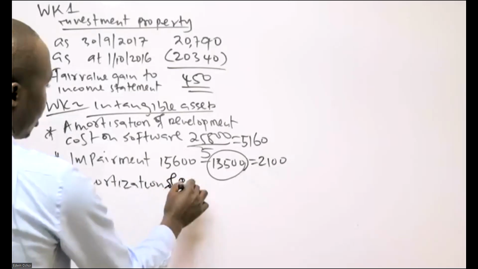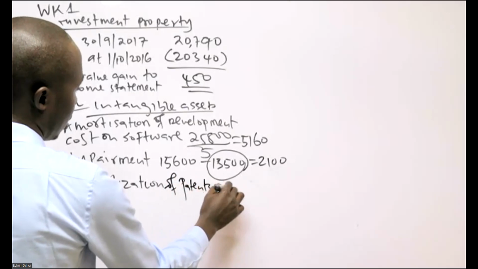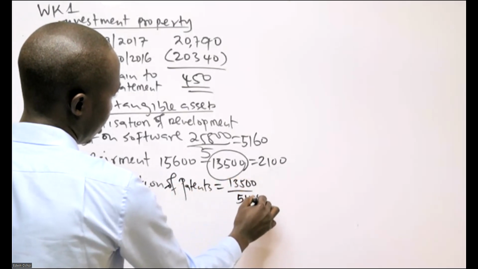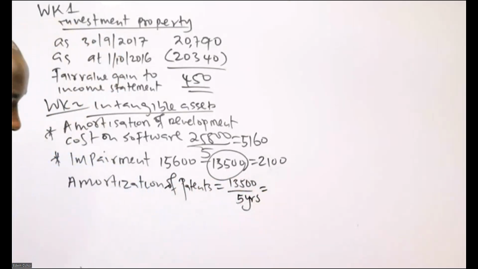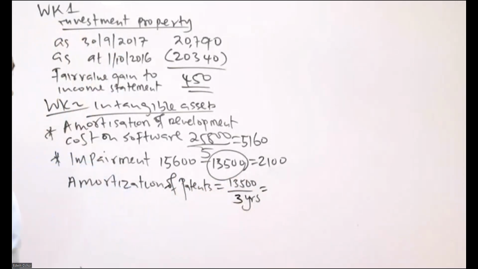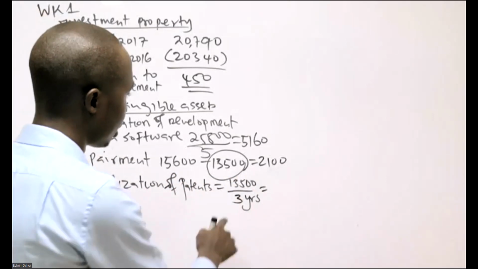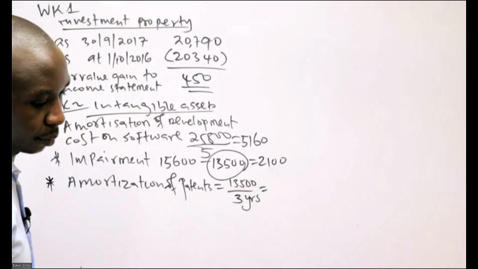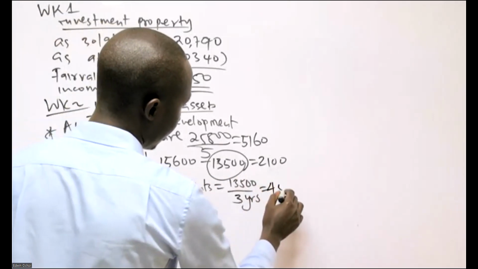So amortization of patent: the 13,500 divided by 3 years. My question is not that clear, that is why you are seeing I'm picking all figures. So 13,500 divided by 3 is 4500.